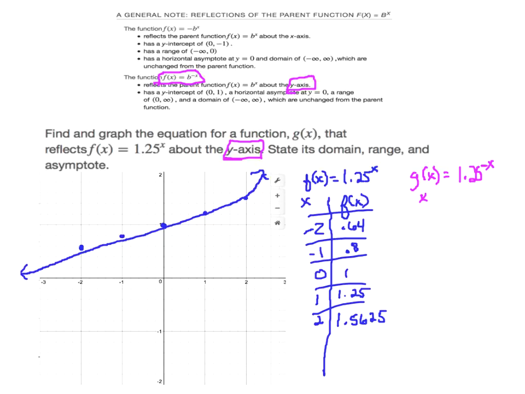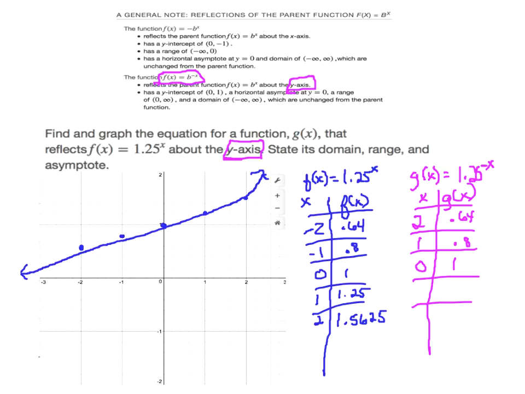And for my transformed function, the only thing that changes is the sign of the input value. So I have +2, 0.64, +1, 0.8, 0, 1, -1, 1.25, and -2, 1.5625.